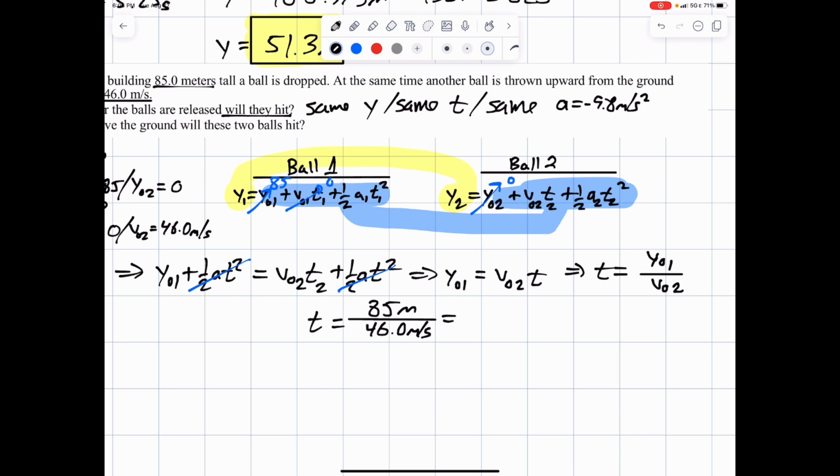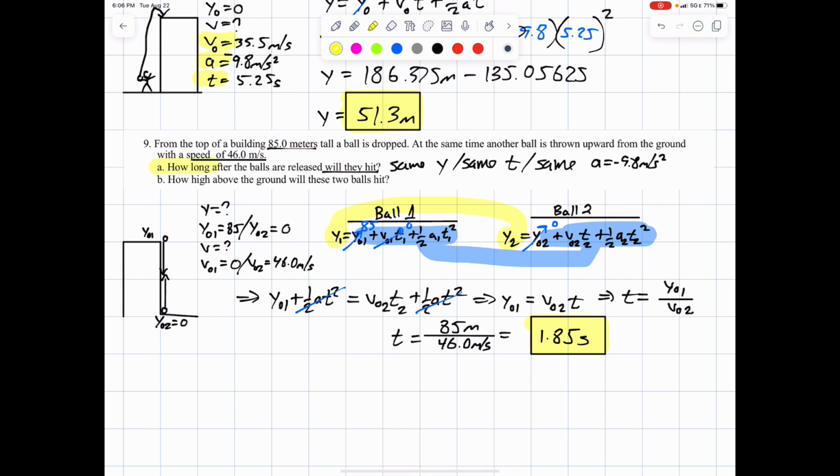Let's see, that's roughly about 1.85 seconds. They will not only hit each other, but they'll be at the exact same heights, exact same position. Okay, that's part A.